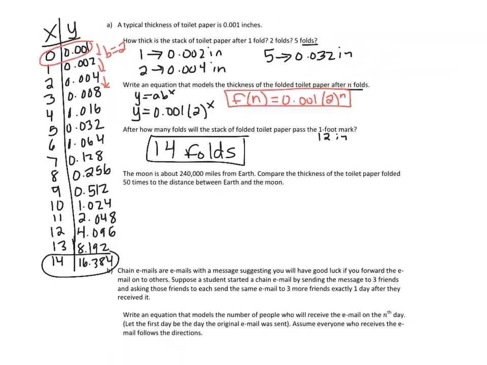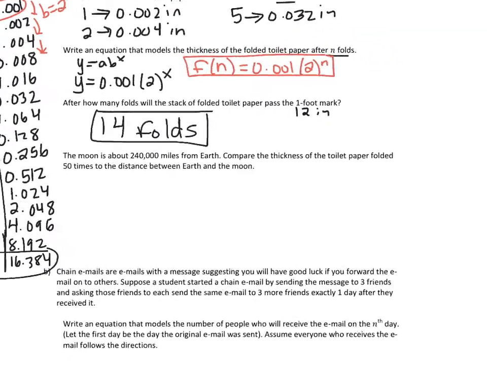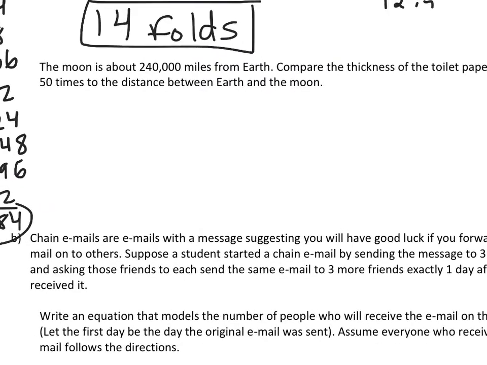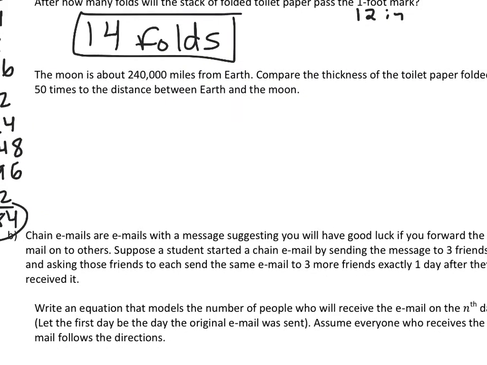Okay, this next question is a little more involved, has a little more calculations. The moon is about 240,000 miles from Earth. Compare the thickness of the toilet paper folded 50 times to the distance between the Earth and the moon.